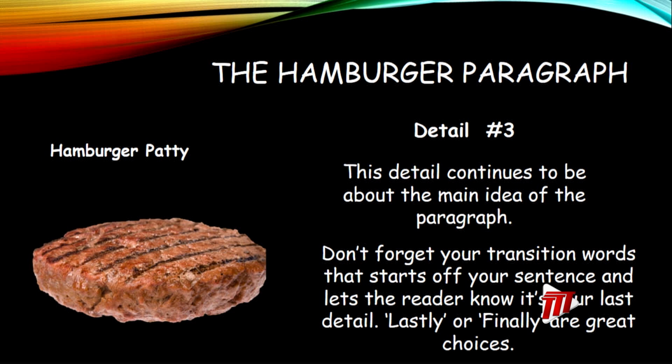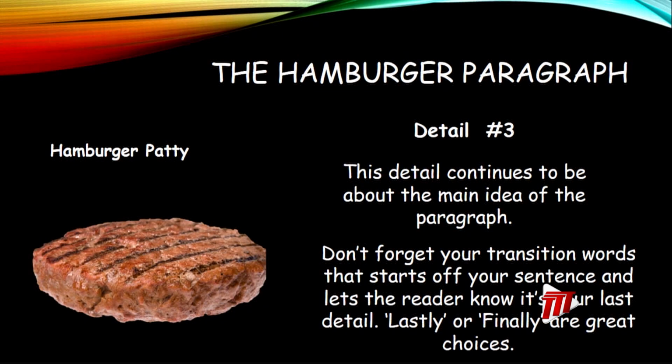Detail number 3, the hamburger patty. So you guessed it. This sentence is also about the main idea. So we are explaining some more about the main idea, and we have to remember to use our transitional words. So now we are talking about 3 sentences for this paragraph.